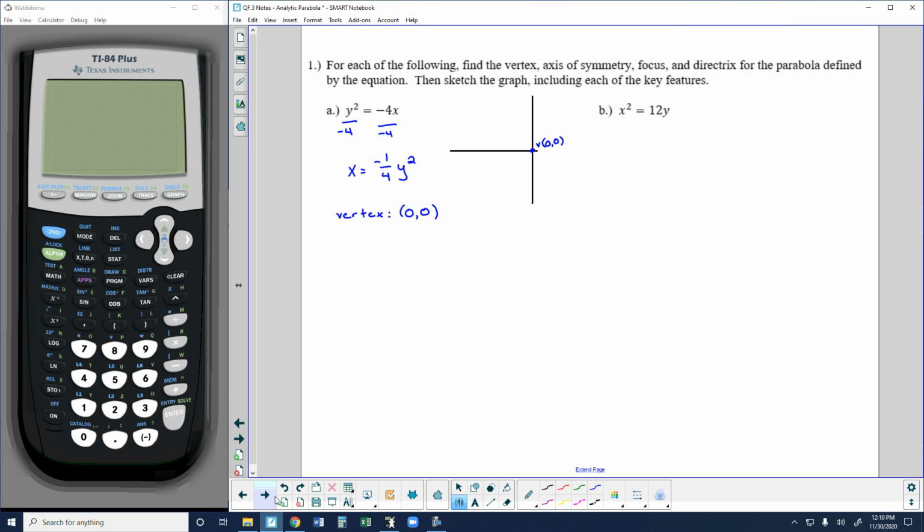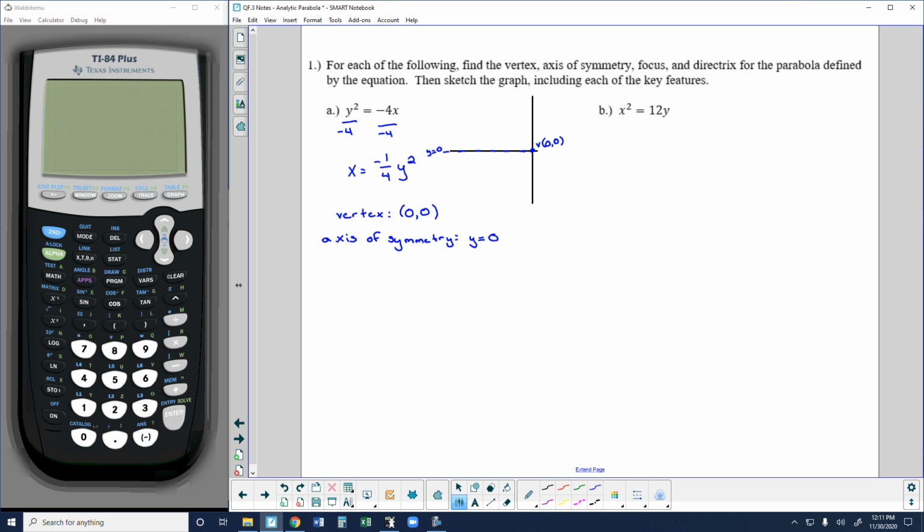If the negative is in front of the y value, it's going to open to the left. So my axis of symmetry is actually this dashed line here, which is y equals 0. So I will just label this as axis of symmetry. It's y equals 0. It is the x-axis.